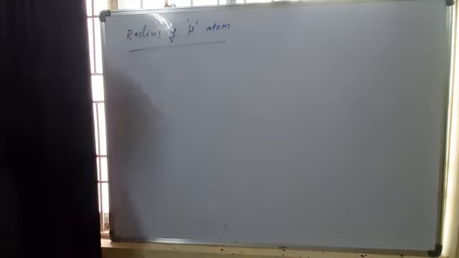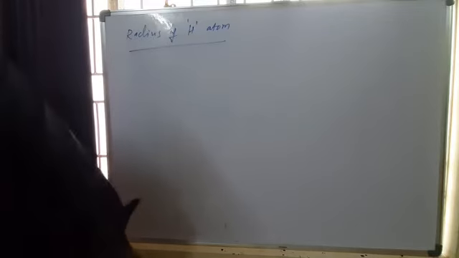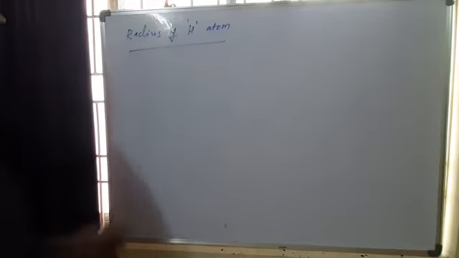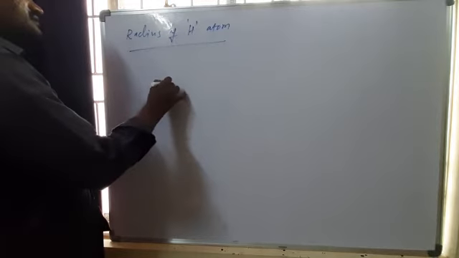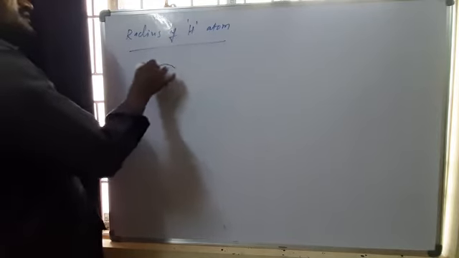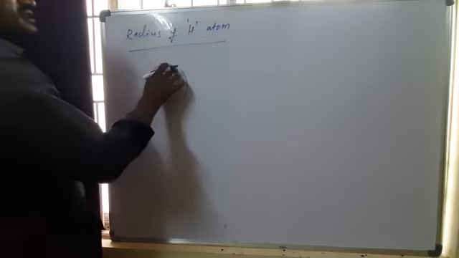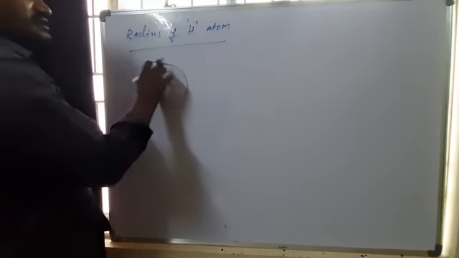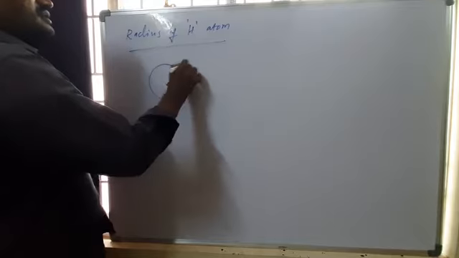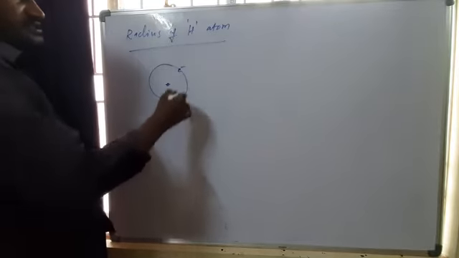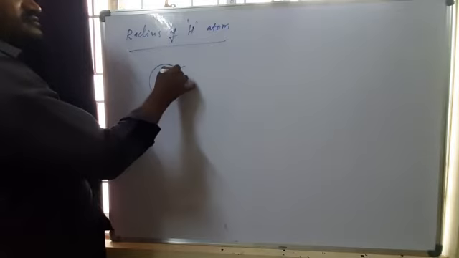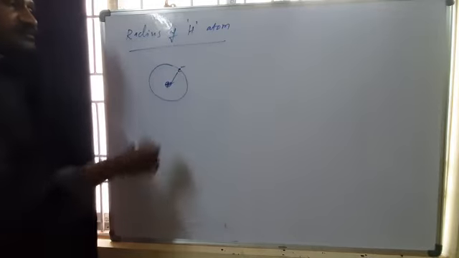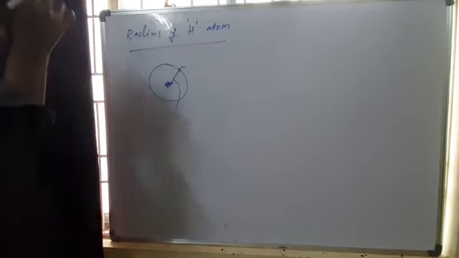Next, Bohr's radius of the hydrogen atom. According to Bohr, the electron is revolving around the nucleus in a stationary orbit. You know that if an electron revolves in a stationary orbit, it should be strongly attracted by the nucleus by electrostatic attraction.